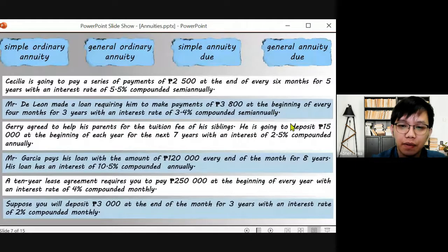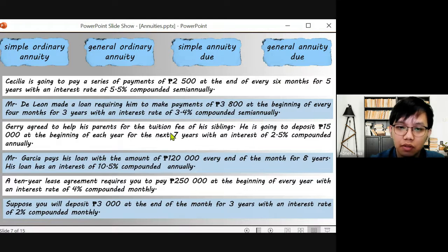Okay, so we have here the payment interval is every year. So that is each year. Let's categorize muna if annuity due or ordinary annuity. It says here that the date of payment is made at the beginning. Ibig sabihin, pag beginning yan, it is annuity due, di ba? Is it simple or general?